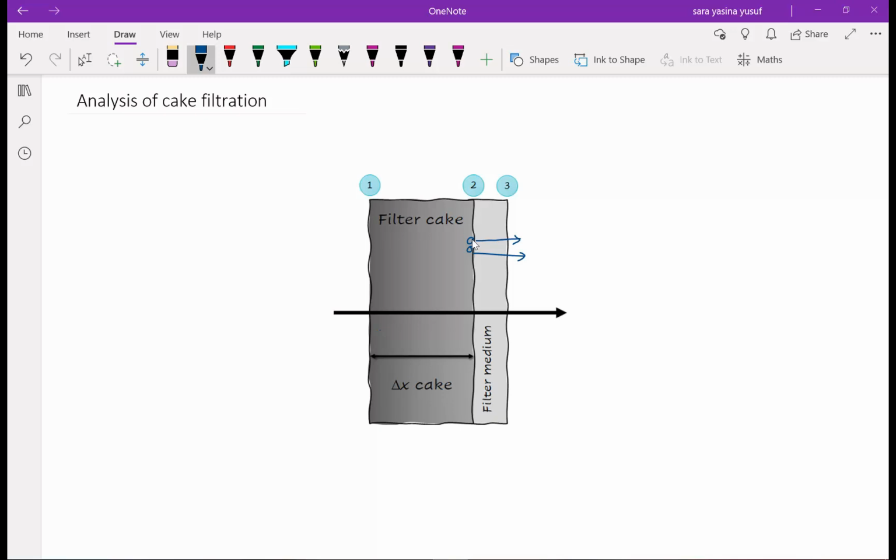So that is initially. Now after some time, when the bigger particles keep accumulating at the surface of the filtering medium, they will form a filter cake.